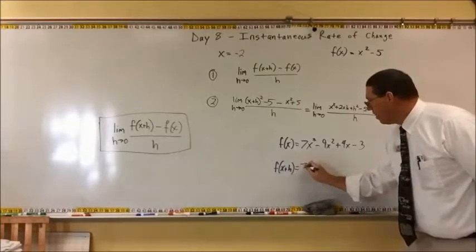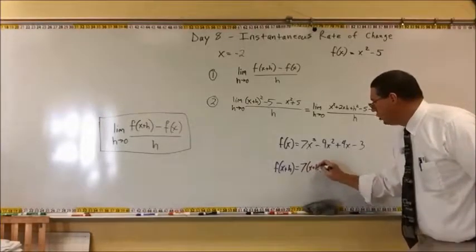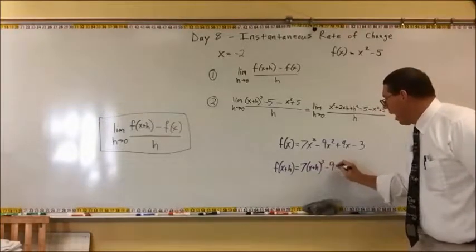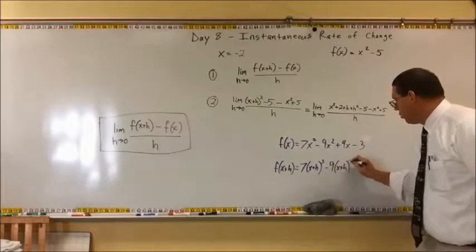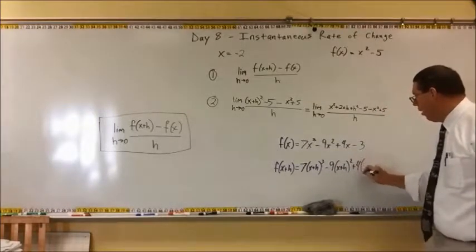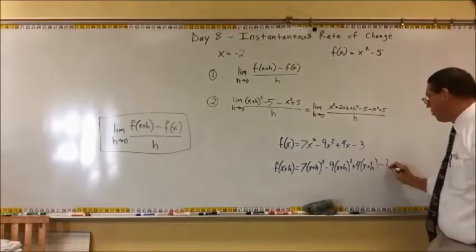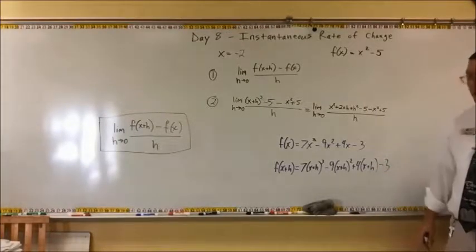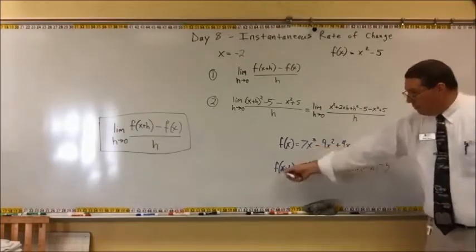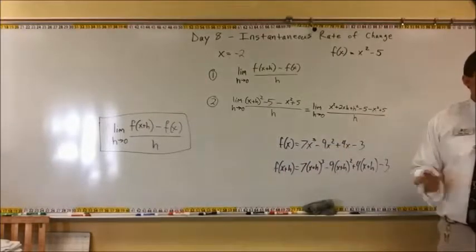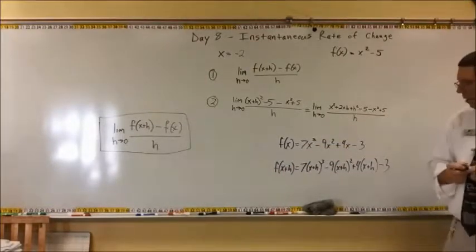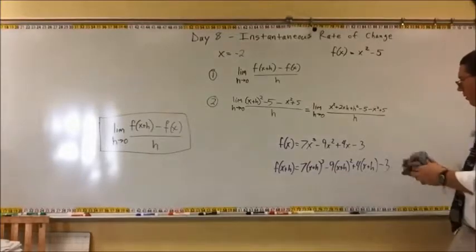So this would be 7 times (x plus h) cubed minus 9 times (x plus h) squared plus 4 times (x plus h) minus 3. Oh, I get it. Yes. Anywhere you see an x, put in an x plus h. That's how composition functions work.